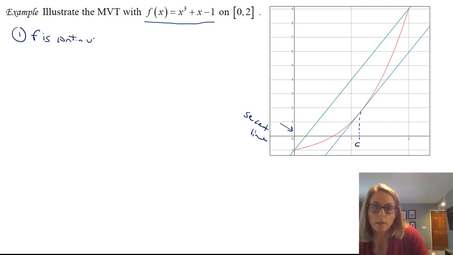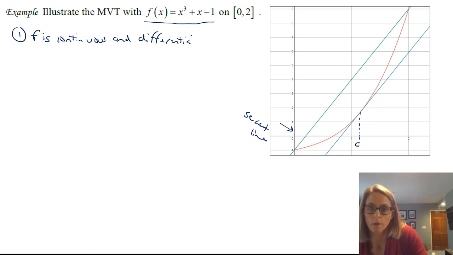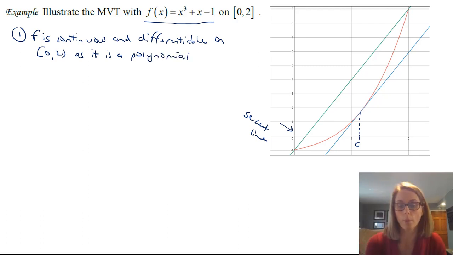So f is continuous and differentiable on that interval 0 to 2 as it is a polynomial. And we know that polynomials are smooth and continuous on all real numbers.